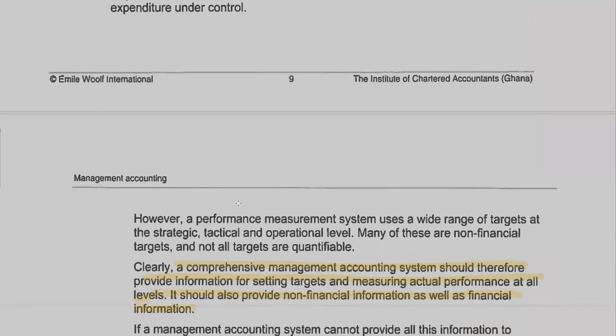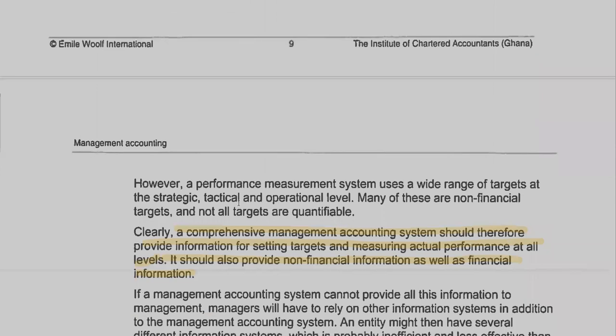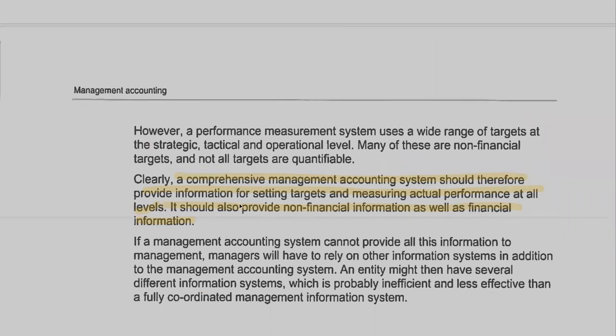However, a performance measurement system uses a wide range of targets at the strategic, tactical, and operational level. Many of these are non-financial targets, and not all targets can actually be quantified. So clearly, a comprehensive management accounting system should provide information for setting targets and measuring actual performance at all levels. It should also provide non-financial information as well as financial information.